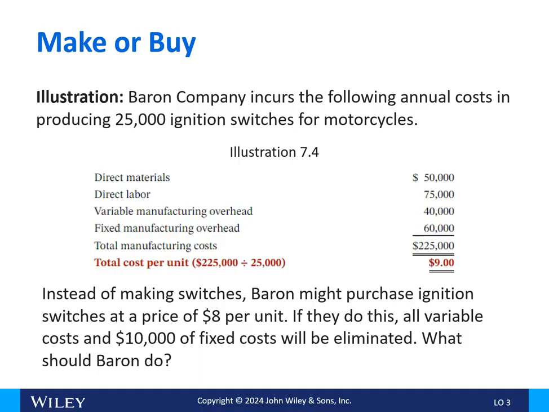Instead of making the switches, Bayer might purchase ignition switches at a price of $8 per unit. It's $1 cheaper than we're making it, so it might make sense. But if they do this, all variable costs and $10,000 of fixed costs will be eliminated. What should they do? Okay, that fixed cost portion is going to be key here.